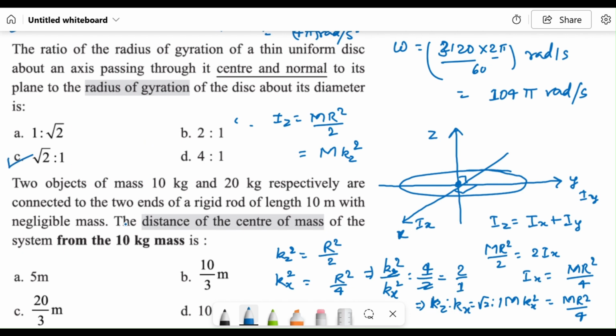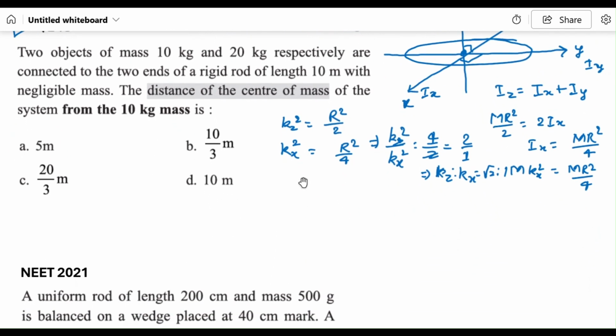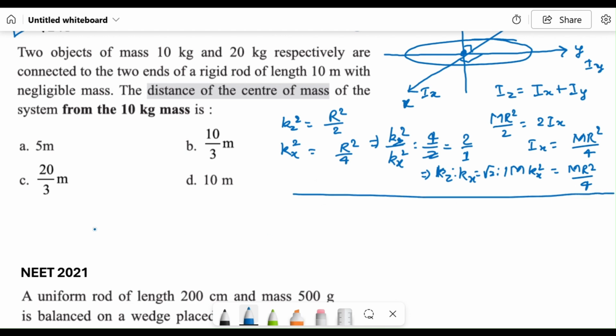Now moving to the third one. What is it saying? Two objects of mass 10 kg and 20 kg respectively. Let's say we have a body here of 10 kg and another body here of 20 kg, and they are at the two ends of a rigid rod of length 10 meter.